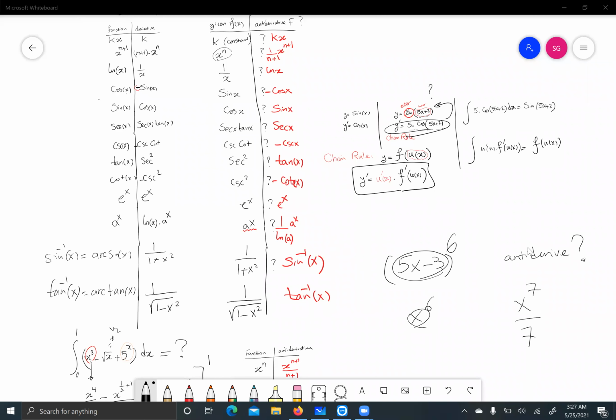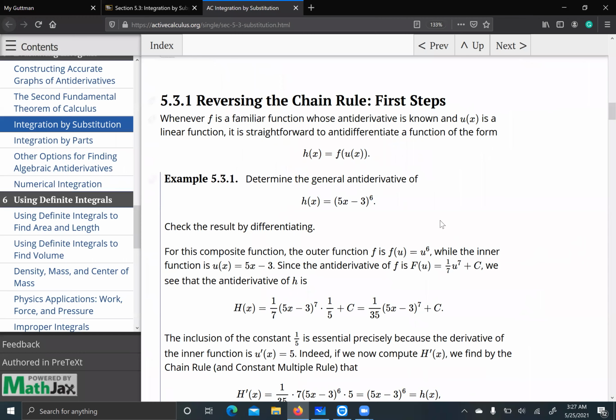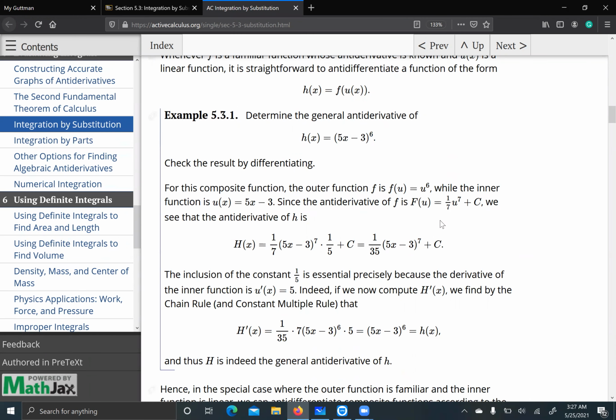What we need to do is just reverse the chain rule. Your textbook describes it in some way, and I would like to describe it in my own way, the way that I think is easier to get to it. So I'm going to show you this question.